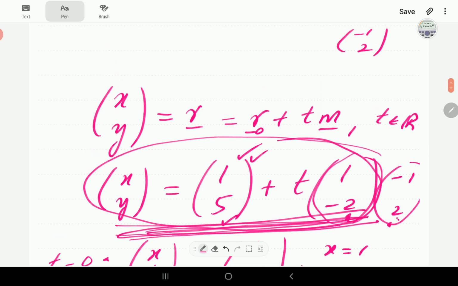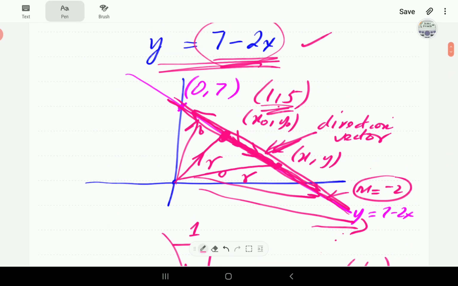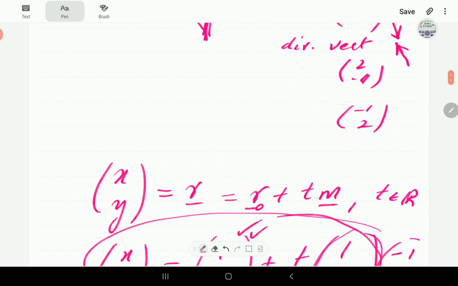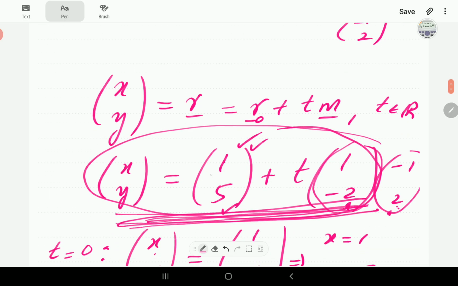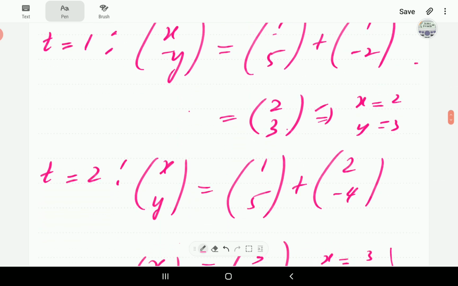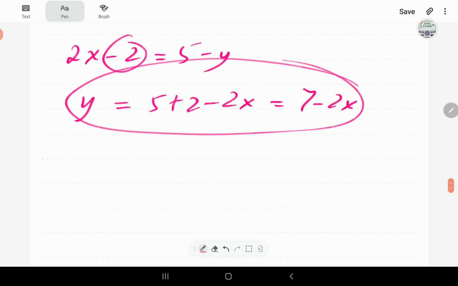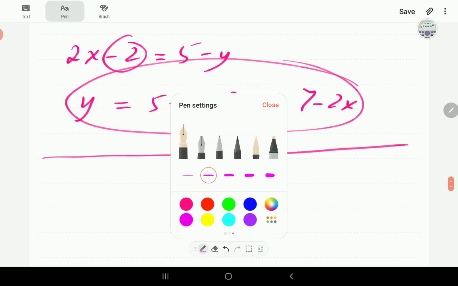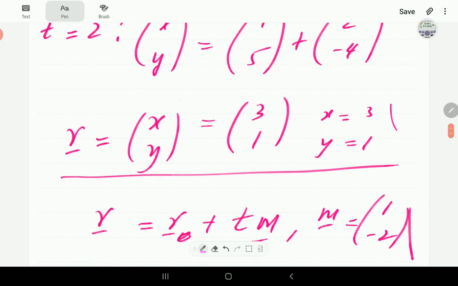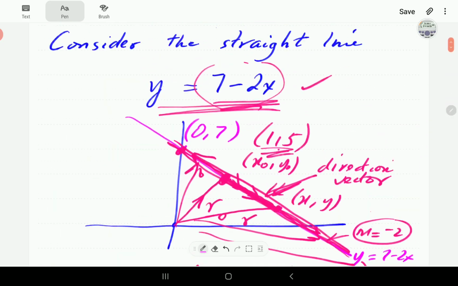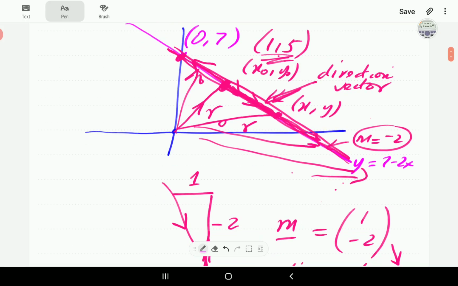So for instance, suppose we decided to use the position vector of the y-intercept. So that means this is going to be (0, 7) here. Suppose we use the negative here. Let's see whether it's going to give us the same equation if we convert it to symmetric form. Actually, let's go for something different from the y-intercept.